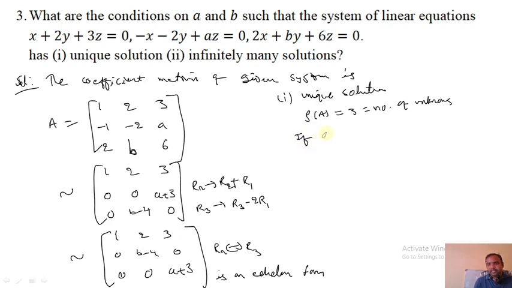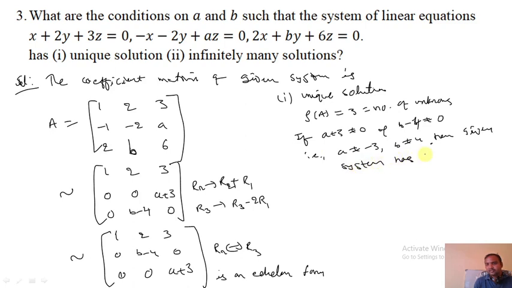If a plus 3 is not equal to 0 and b minus 4 is not equal to 0, that is a not equal to minus 3 and b not equal to 4, then the given system has a unique solution.